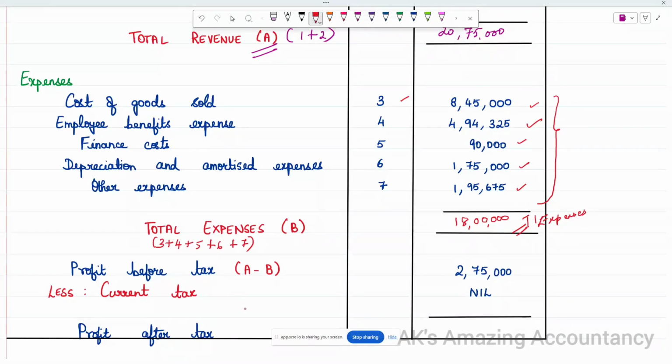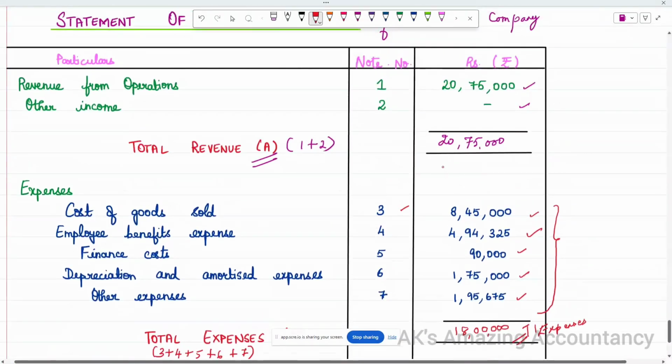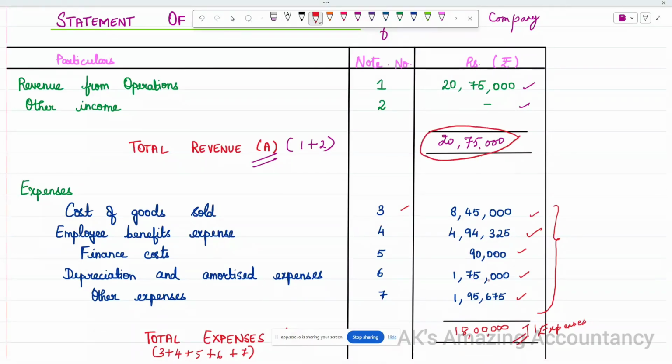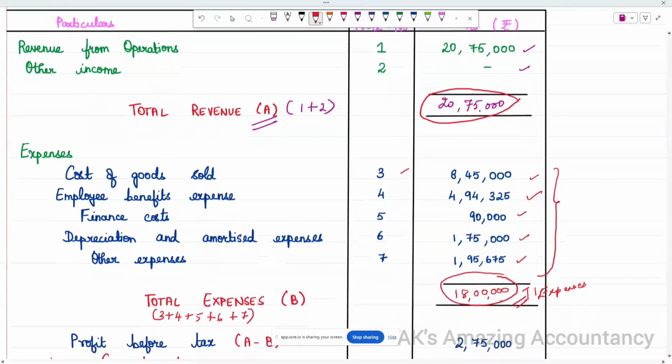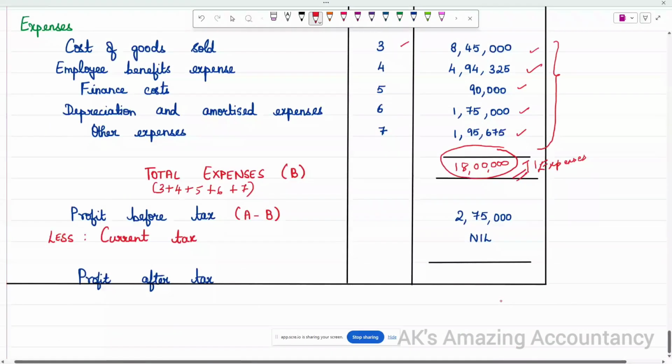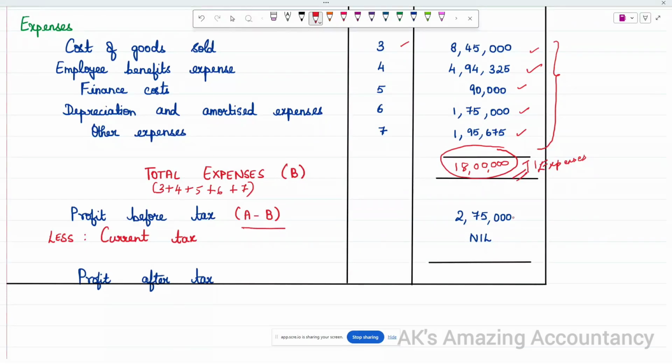Now, let us see what is profit before tax. Profit before tax is nothing but A minus B. What is A? A is total revenue. It is this 20 lakh 75,000. And what is B? B is total expenses. It is this 18 lakhs. So 20 lakhs 75,000 minus 18 lakhs is A minus B. Total revenue minus total expenses will give you 2 lakh 75,000.